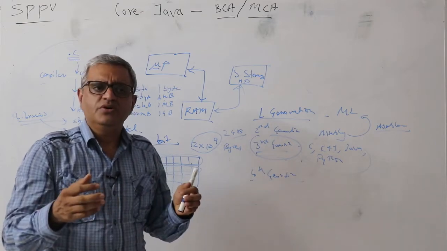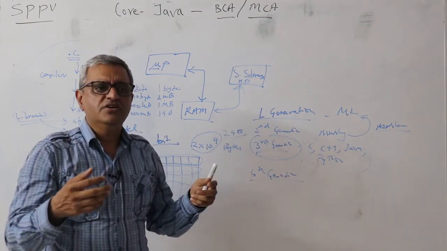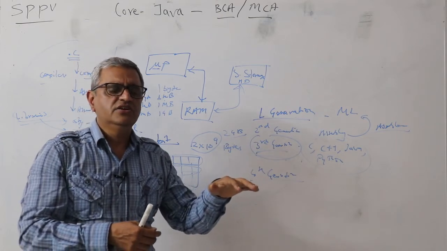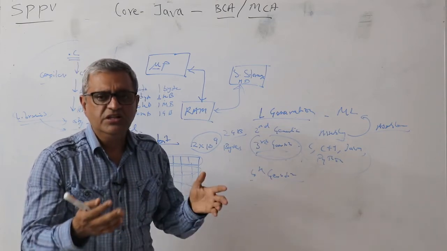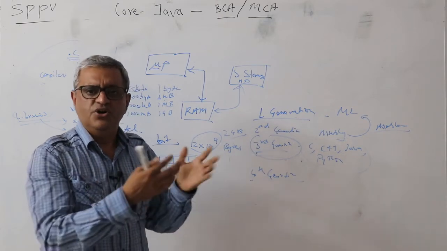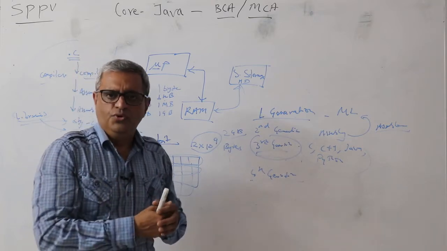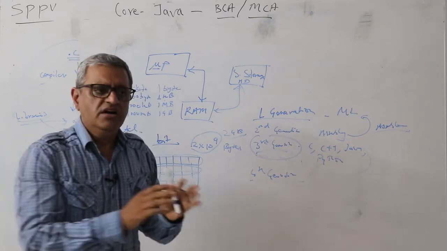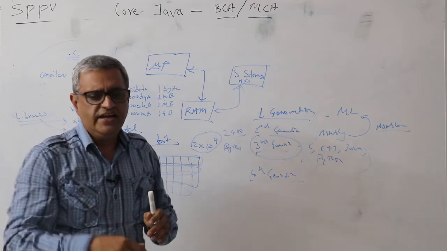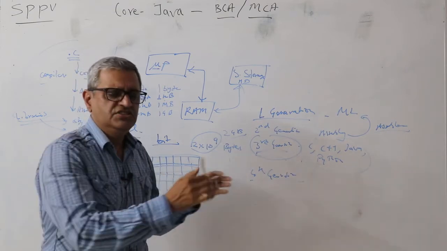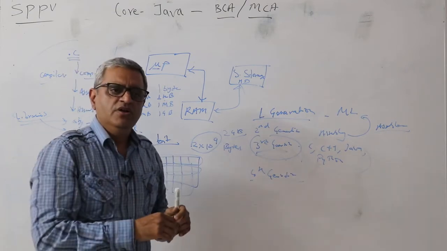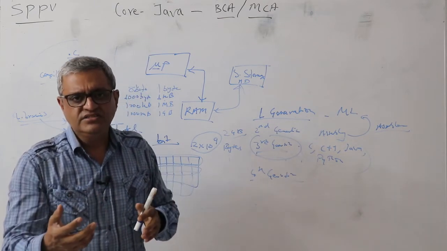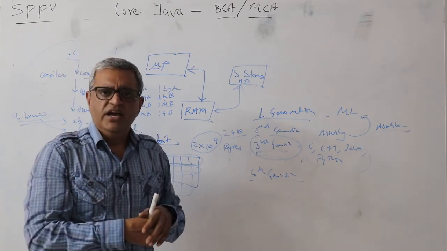I'm not considering the variants of these, because signed, unsigned, long and double are different variants of int and float. There is also boolean, but let's keep boolean aside. Apart from that, we have arrays, structures and unions.